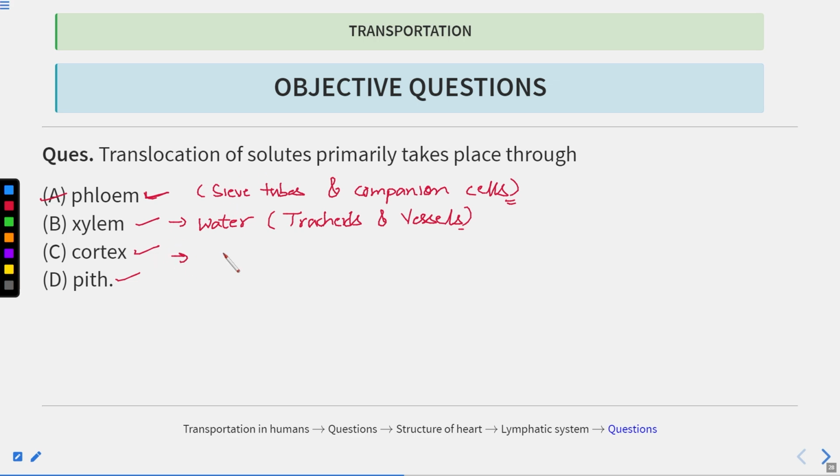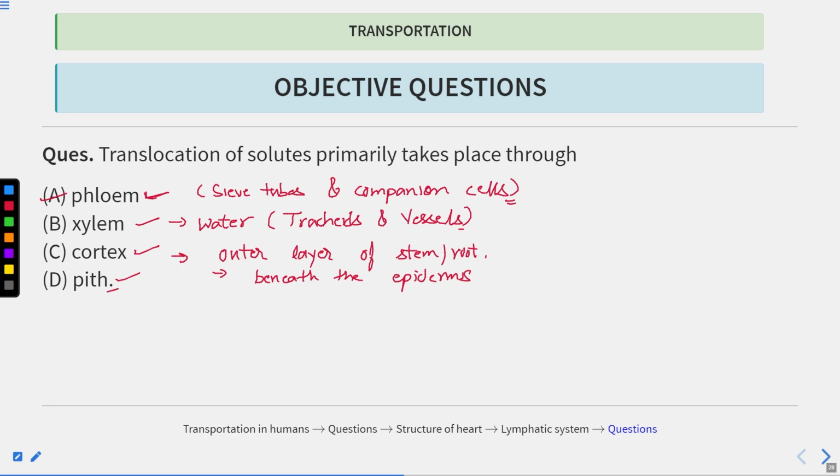Now what is cortex? Cortex is the outer layer of a stem or a root. It is just present beneath the epidermis.